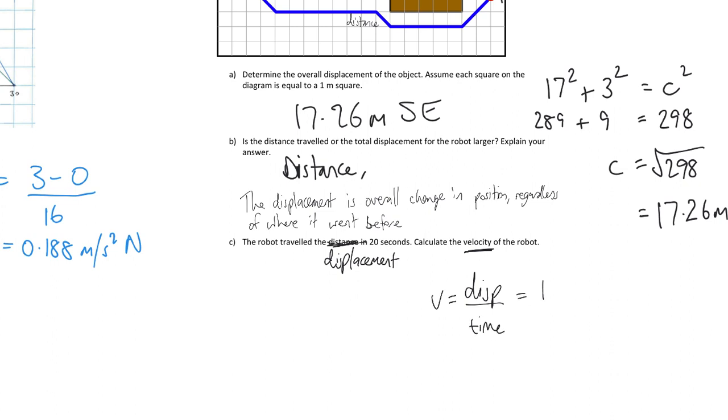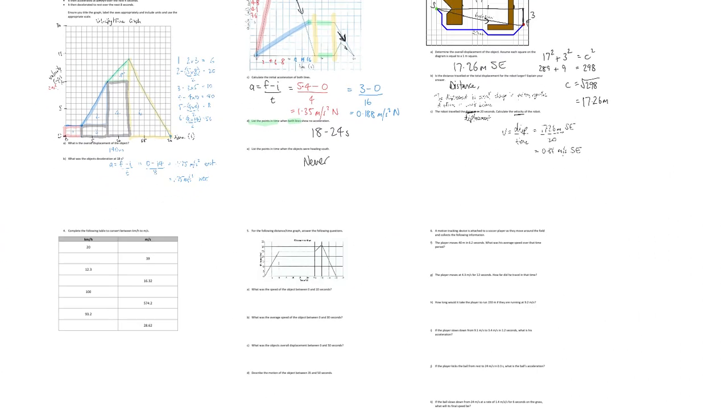What's its displacement? 17.26 meters southeast. And the time, 20 seconds. So that value divided by 20 is 0.86 meters per second southeast. All right, there's that one. Let's go on to the next one.